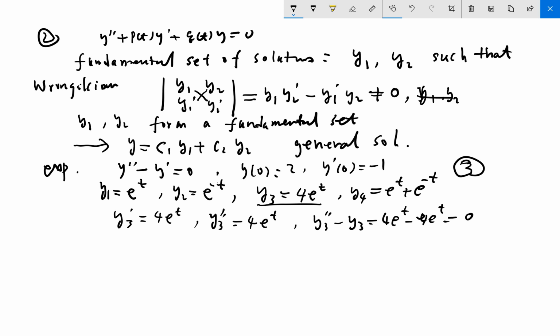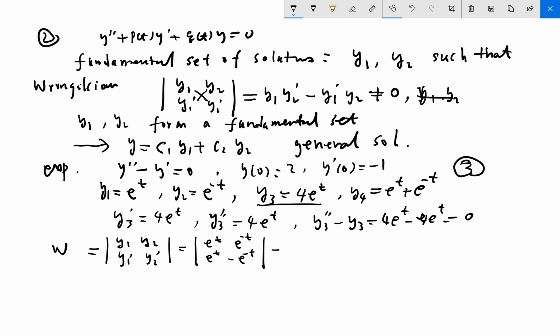Now we have 4 solutions here. Let's see whether they form a fundamental set or not. First let's check y1, y2. This is the Wronskian determinant for y1 and y2. y1 here is e to the t, y2 is e to the negative t. y1 prime, the derivative, gives itself. y2 prime gives you a negative e to the negative t.